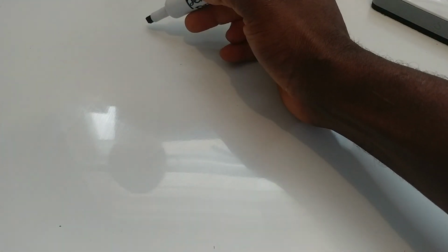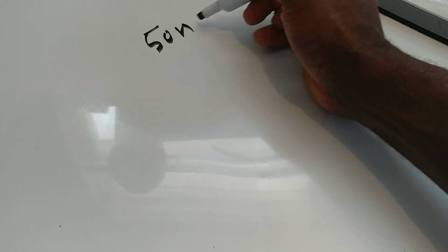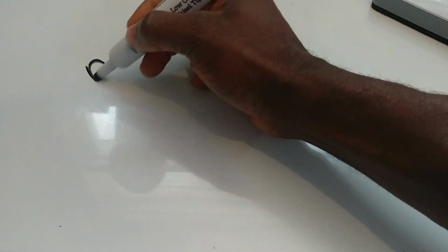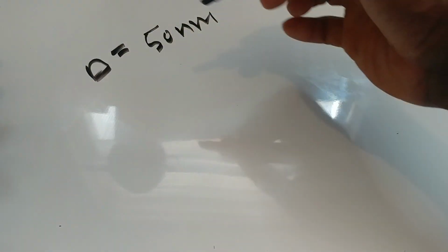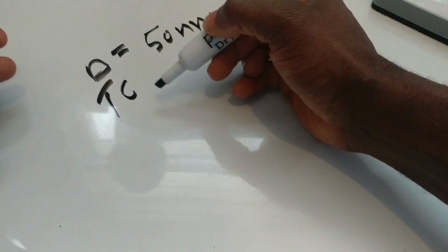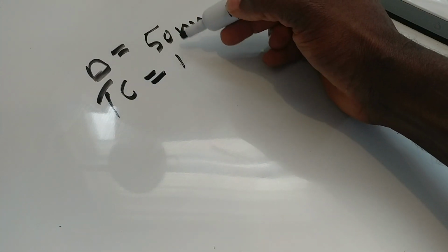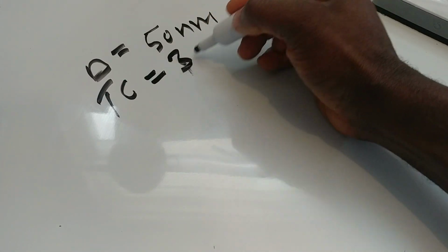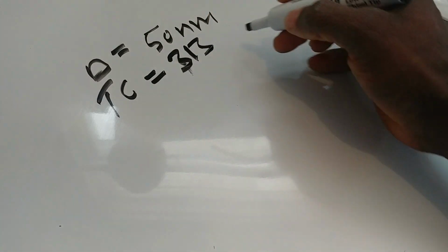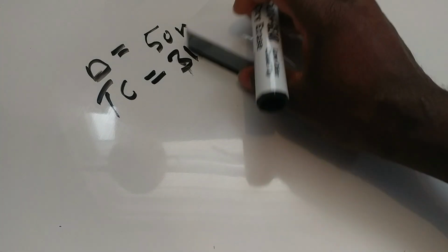We know our distance is 50 nautical miles. Right. Let me bring it down a little bit. We know our distance is 50 nautical miles. We know our true course is equal to 313, or let's say 310.